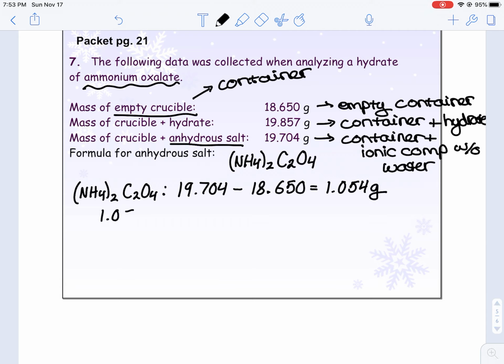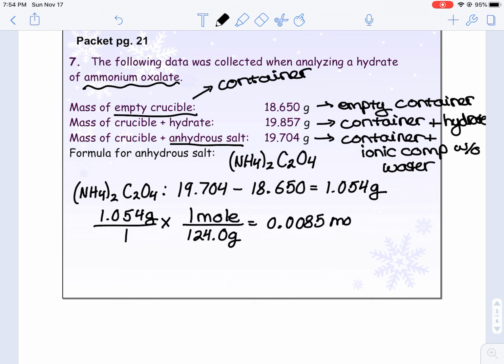So this is 1.054 grams. The molar mass of ammonium oxalate is 124. So that gives you 0.0085 moles.